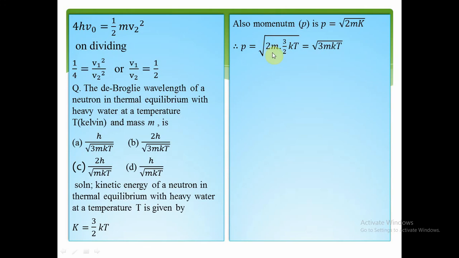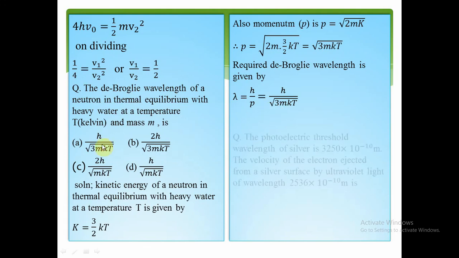After substitution and simplification, we get the square root of 3 m k T. And we know the de Broglie wavelength equation, that is lambda is equal to h divided by p. Already we have calculated p here, that is the square root of 3 m k T, that is h divided by square root of 3 m k T. Therefore, option 1 is right.